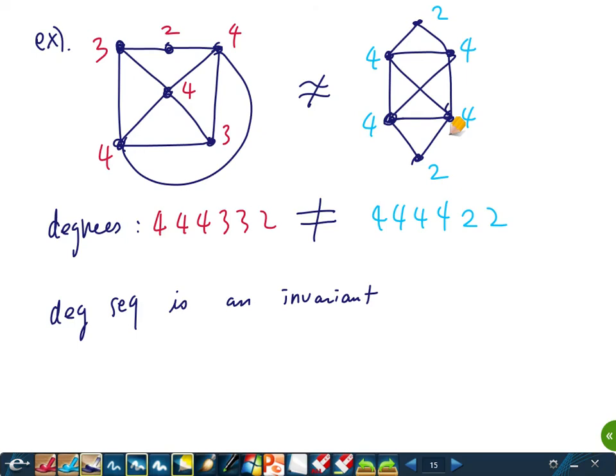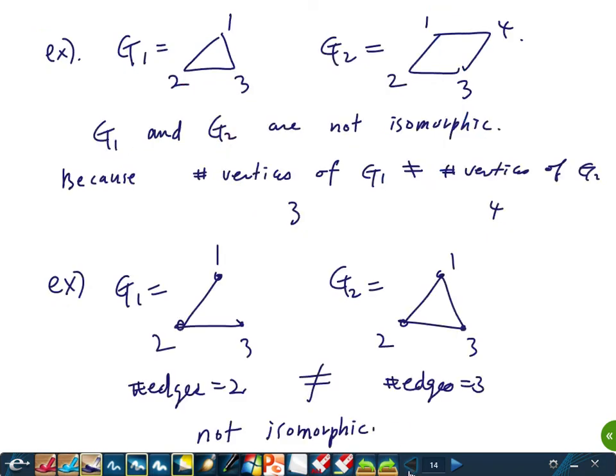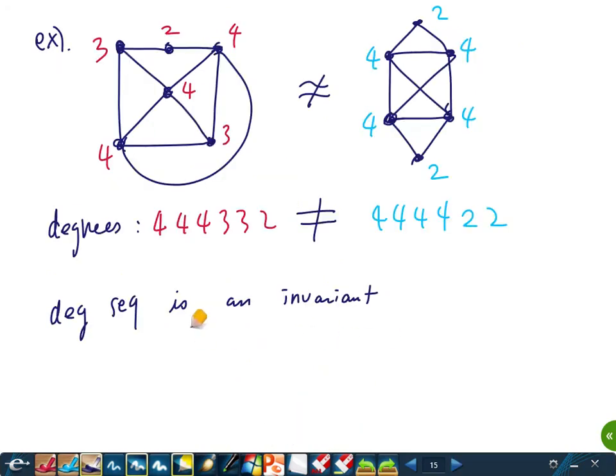There are many, many invariants. But we may ask this question. In this example, the number of vertices was enough, the number of edges was enough. Here, the degree sequence was enough. But can you have a list of invariants so that all we need to do is look at these invariants?